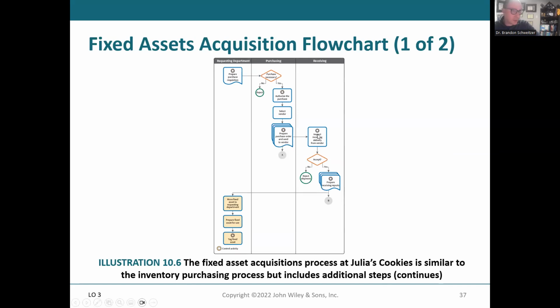Very similar process to what we would do with inventory. Once we receive it, we inspect it, it gets delivered, we accept it, it goes into receiving reports, it comes back to a requisition department who reconciles and tags it.